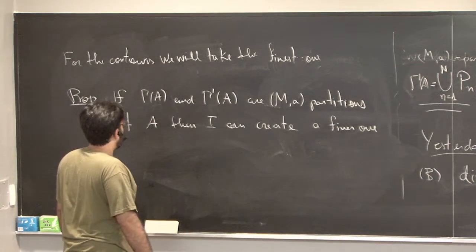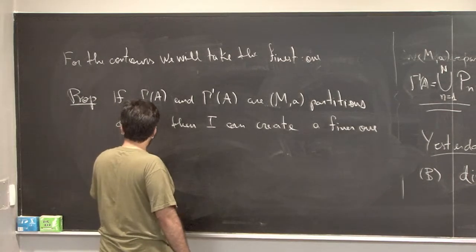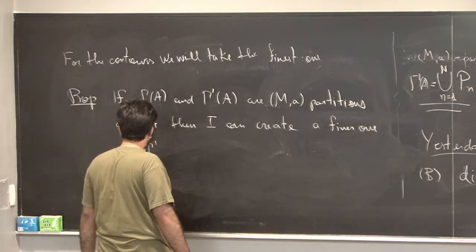So, okay, in what sense? I can create another one, let's say gamma double prime A, that satisfies the following.